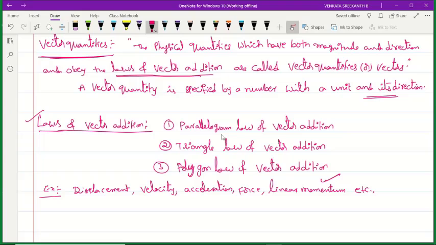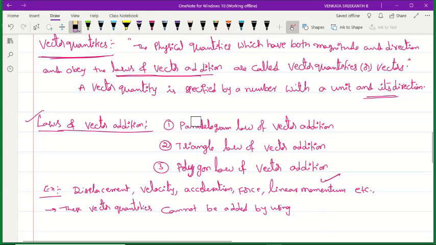One important point: these vector quantities cannot be added by using normal algebraic rules.